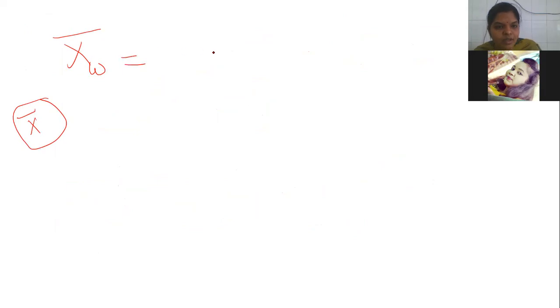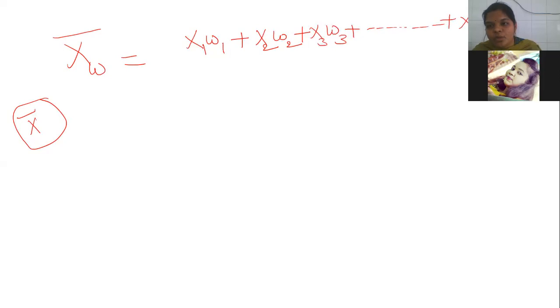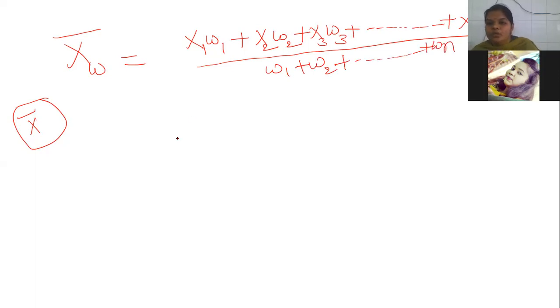How will the formula be? x1 w1 plus x2 w2 plus x3 w3 plus so on, xn wn, which will be divided by the summation of weights, that means w1, w2, so on wn. So this is the formula to calculate a weighted mean by the direct method.